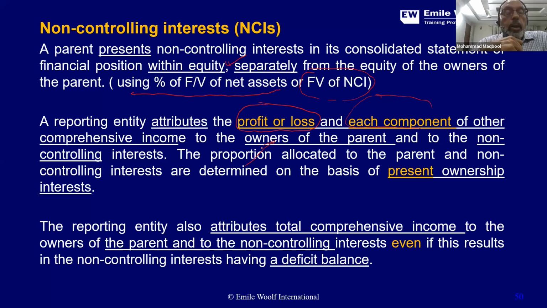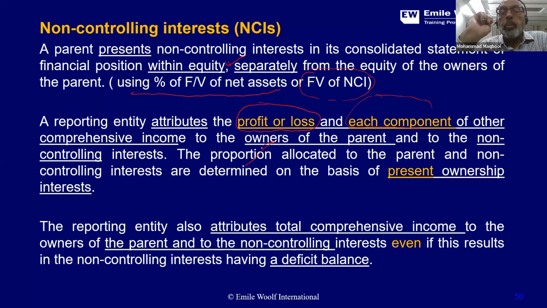And that allocation is on the basis of present interest, not future interest or past interest, present interest. Whatever the present percentage is, we use that. Maybe over a period we acquired more, it has changed, or maybe we sold some and reduced. So as a parent, the present percentage we use.